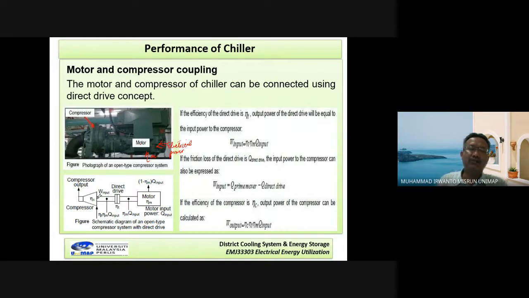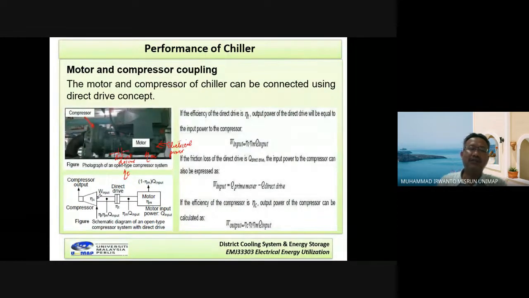Because the rotor of the motor is coupled to this compressor, let's say to move the piston, like in our aircon, here we have the direct drive, or we can also call it coupling. This direct drive also has efficiency.